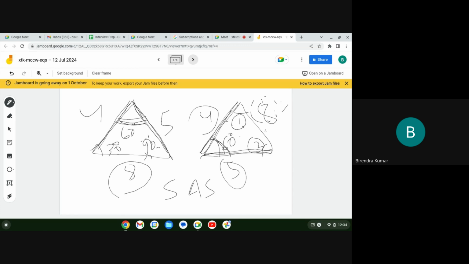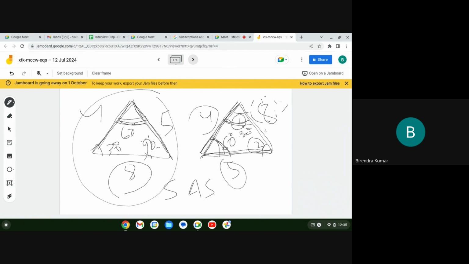Now, look at this one. A bit of care is needed. We got the third side is 8. Now look at 4 and 8. What is the angle between them? In the first triangle, this one, the angle between 4 and 8 is 30 degrees. Look at 4 and 8 here. The angle between them will also be the same, so that will be 30 degrees.